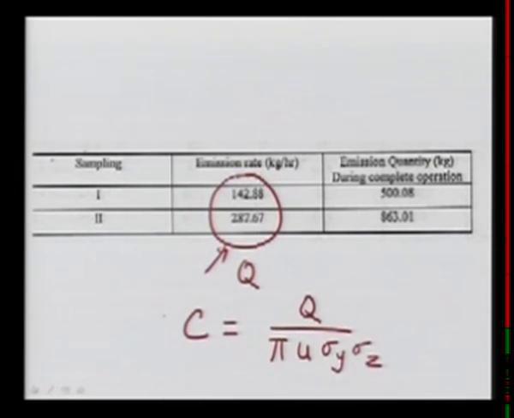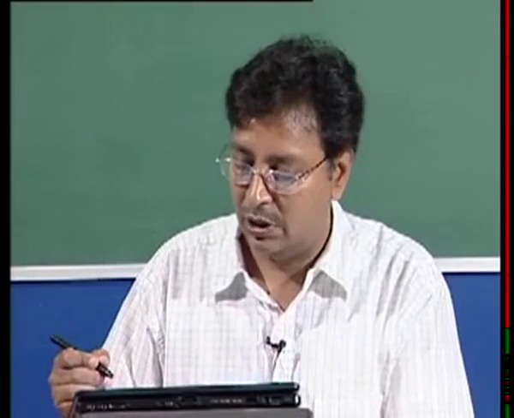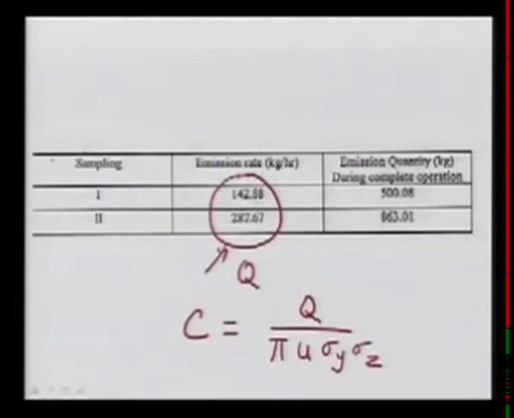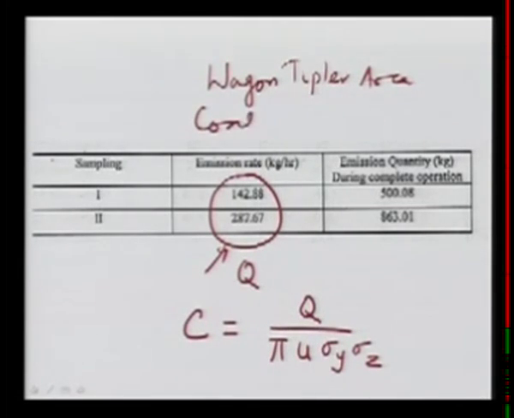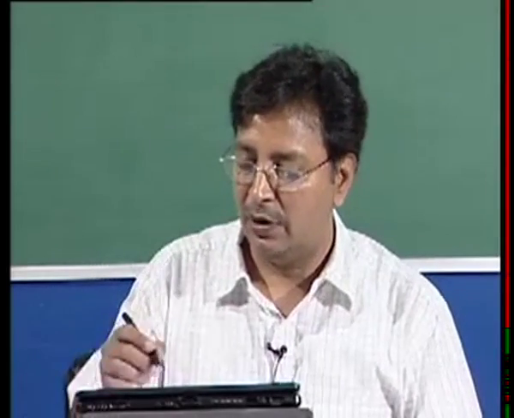So just to give you a real number which was obtained at one of the power plants, you can see the emission from the wagon tipper area, the coal transfer. So you not only have learned the technique, but you have also seen that it can really be applied in the field, and the measurements can be done.